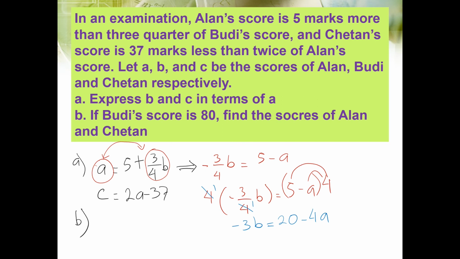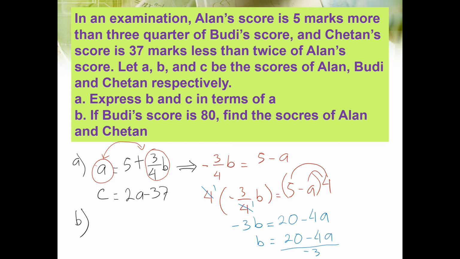So if you want to express B, it makes 20 minus 4A, divided by minus 3. That is the expression B in terms of A. So we get B equals to 20 minus 4A per minus 3. And about C equals 2A minus 37.